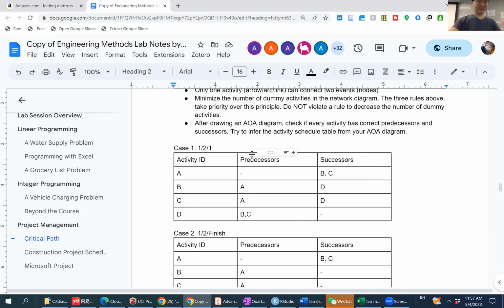Some hints: in some cases you may need a finishing node. That's not an activity, it does not have an ID, but you need to name the node as the finishing point.